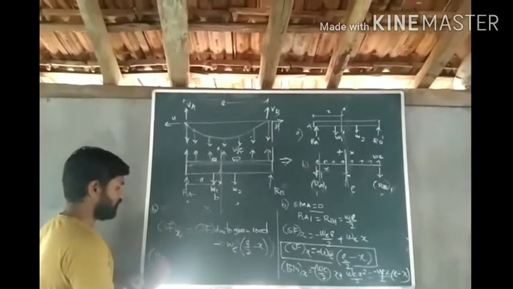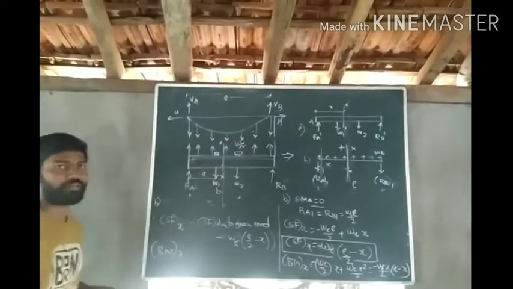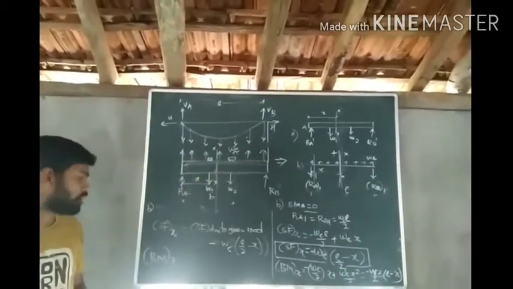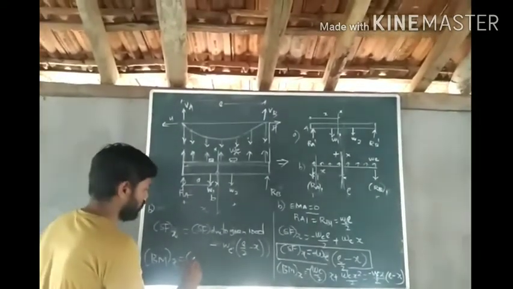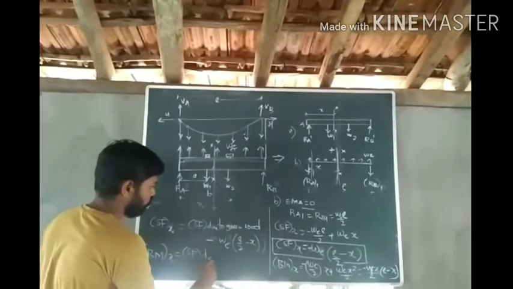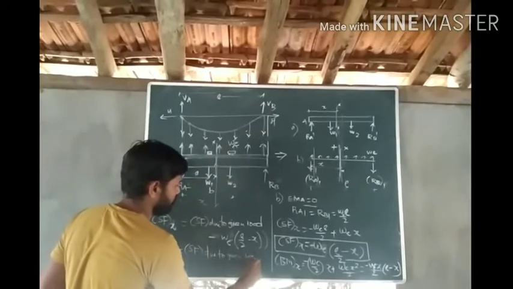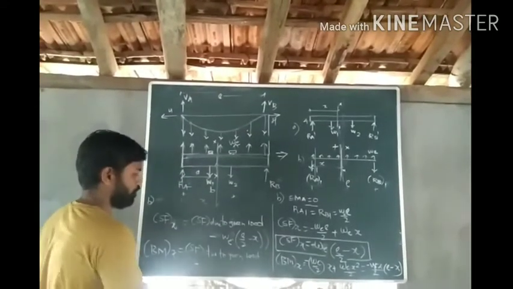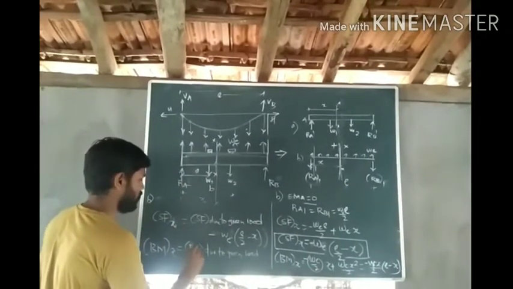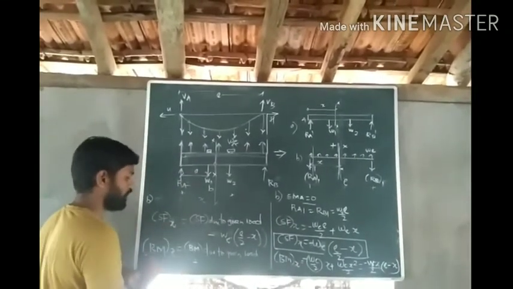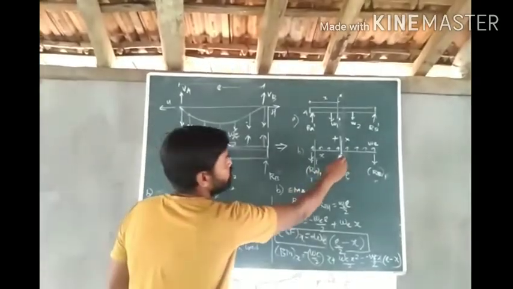So what is the bending moment at X? Suppose they asked to calculate the bending moment at X. So how will you calculate bending moment at X? Bending moment at X is equal to bending moment due to given load plus bending moment due to this UDL.